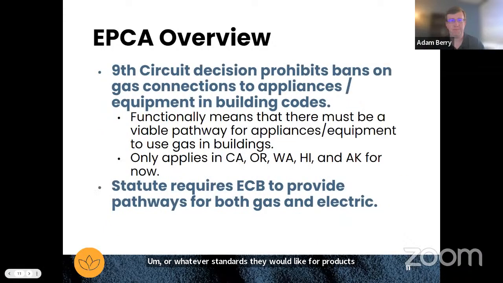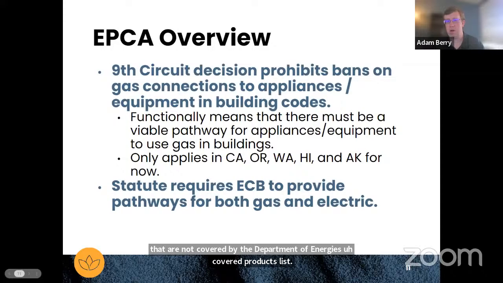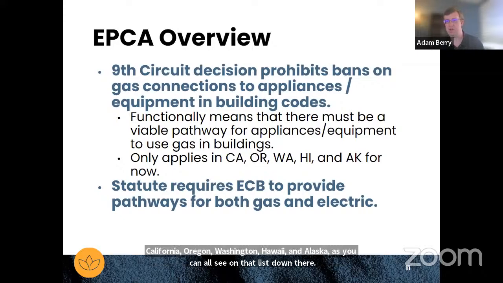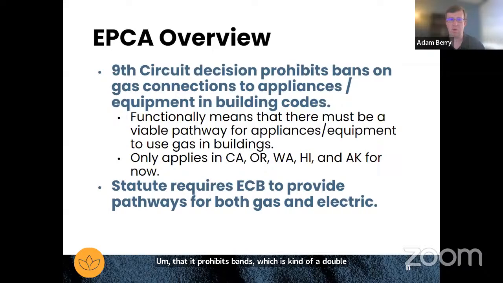Next slide. So just a reminder on the recent legal situation around EPCA. The Ninth Circuit Court of Appeals, which covers California, Oregon, Washington, Hawaii, and Alaska, as you can all see on that list down there, prohibits bans on gas connections to appliances or equipment in building codes.